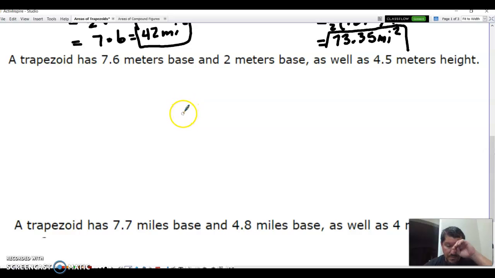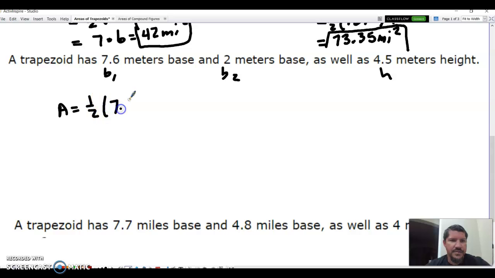Alright, so no picture this time, but it says a trapezoid has a 7.6 meter base and a 2 meter base. So base 1, base 2, because it doesn't matter. There's my height. So area is half 7.6 plus 2 times 4.5.